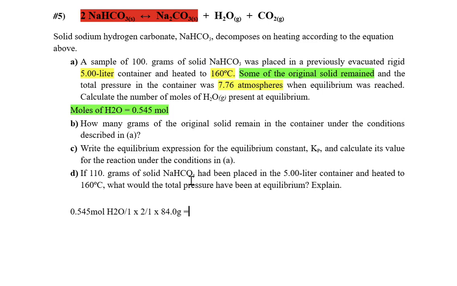Now, let's see what this all comes out to. So we have 0.545 times 2 times 84. Great. Gave us 91.56. However, this is how much was used. We have a total of 100. So, if this is how much was used, what are we going to do?